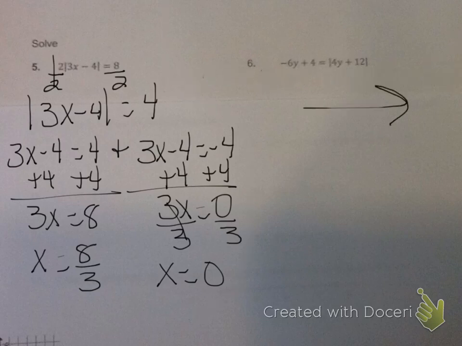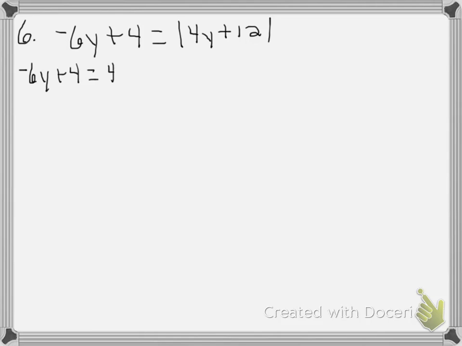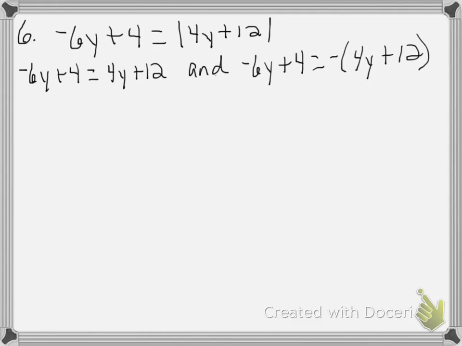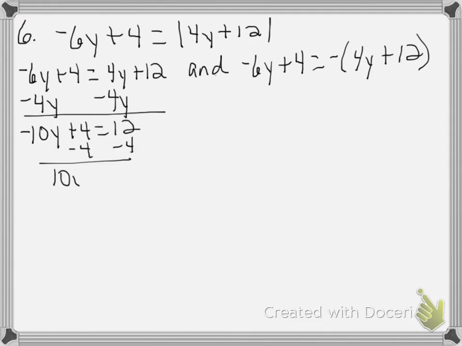Oh, I think I'm just going to do it on the other panel. And make sure that when you take it out of the absolute value, put it in negative, you put that whole term in parentheses before you distribute the negative out.